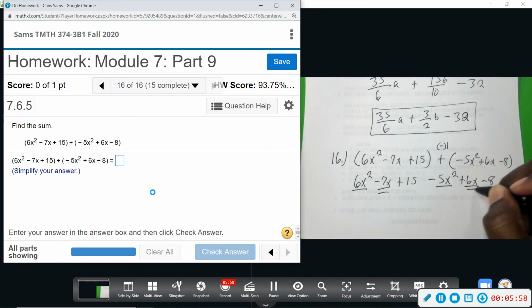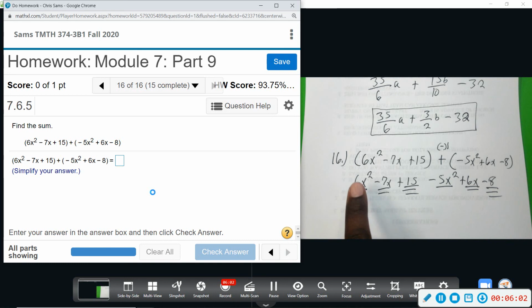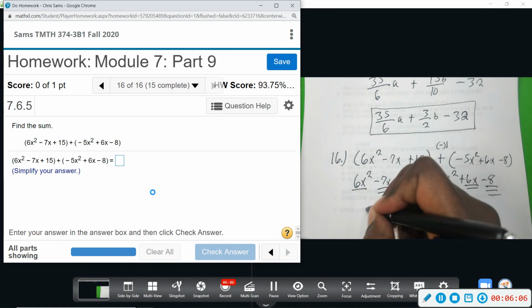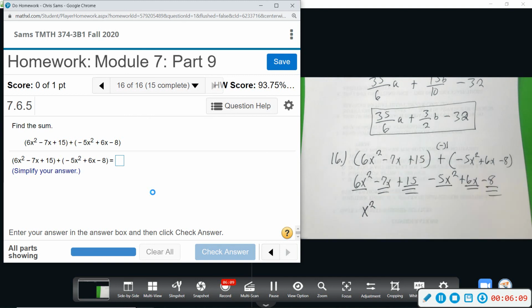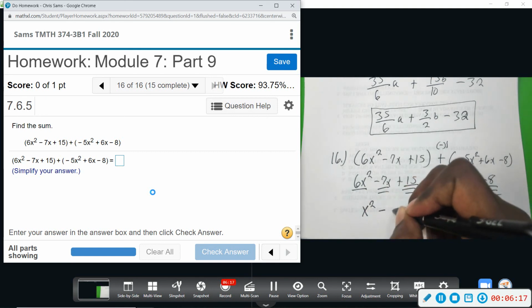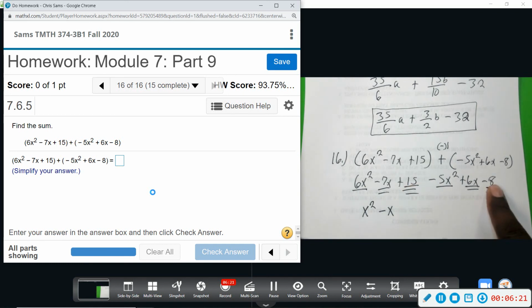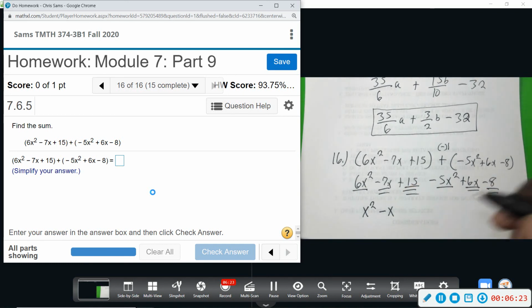Double underline those and triple underline this one. So I'm going to do 6 minus 5. It's going to leave me with just 1x squared, or just x squared. We have negative 7 and 6, so when we combine those, we get negative 1x, or just negative x. And then 15, take away 8, that will give us a 7.